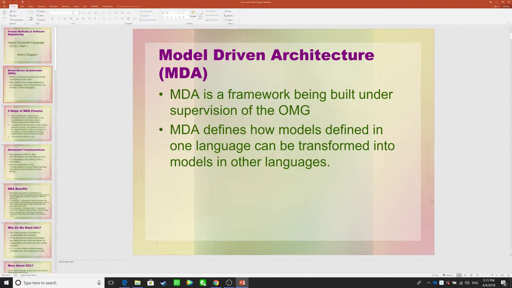We translate different languages into English, maybe, and then from English we translate to another language. Sometimes it's a direct transformation from one language to another. But MDA defines how models in one language are transformed into models in another language. We use something in the middle to do this adaptation and connection.